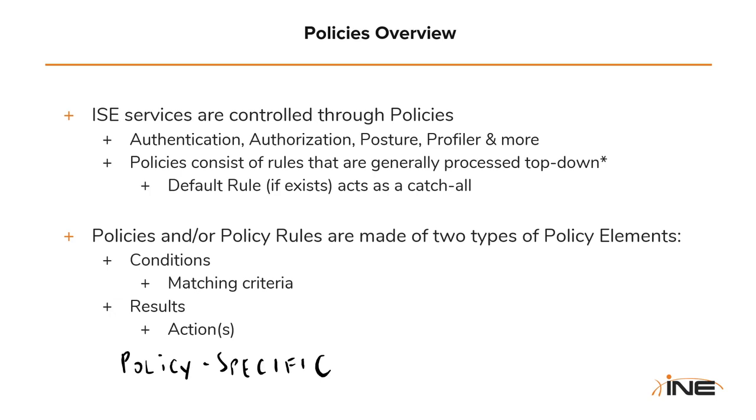Now, some people will actually classify it as a condition, but some others won't. An example of policy-specific information is a certainty factor. This is something that you will find inside of the profiling policies. You can think of that as a special condition that controls whether the policy is matched or not as a whole, but it's not something that you will specify inside of the policy rules.